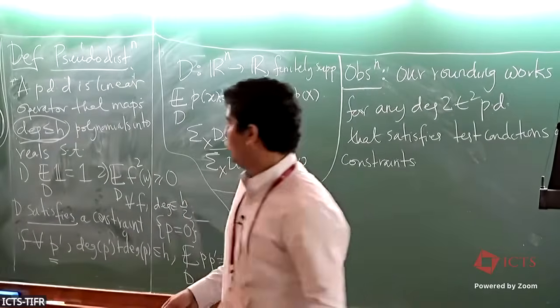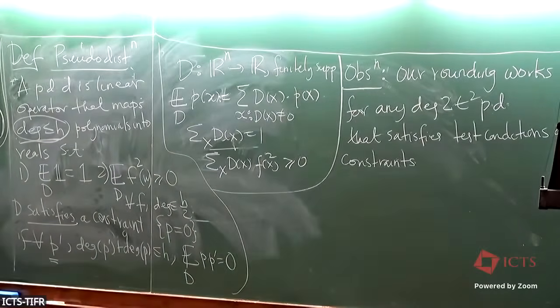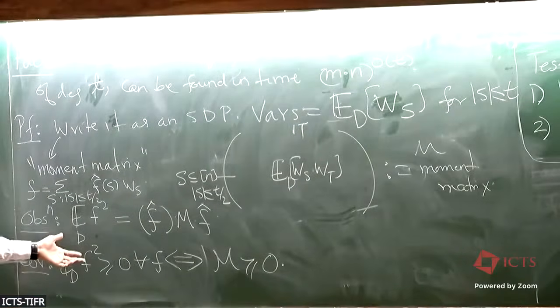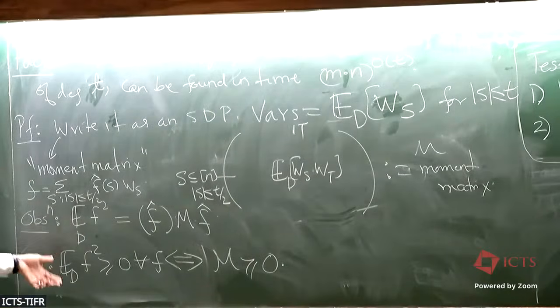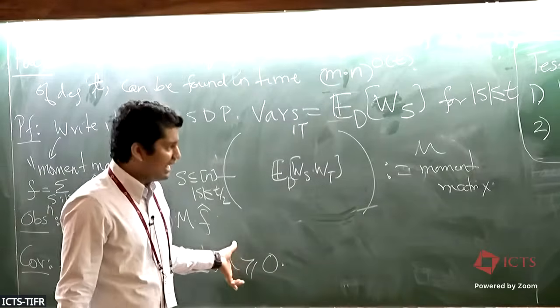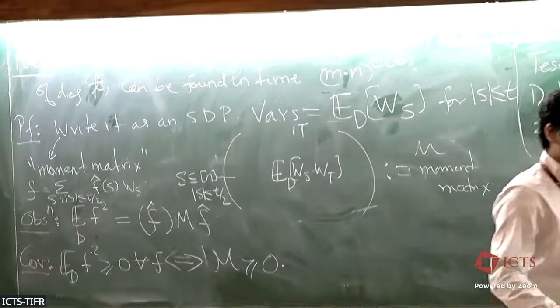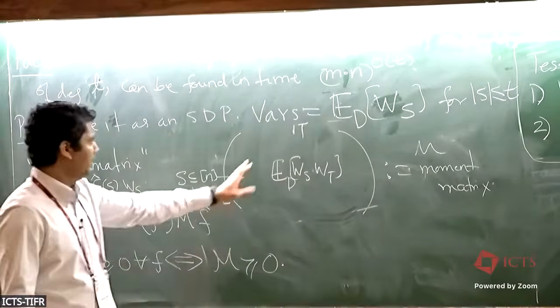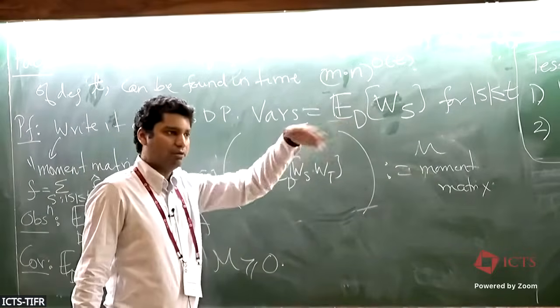I want to compute a pseudo distribution, so I want to compute these numbers, and we've just observed that I can encode these infinitely many constraints of non-negativity of squares as one positive semi-definiteness constraint. And then you can see that satisfying the constraints is a bunch of linear constraints on M. I won't write it down here.